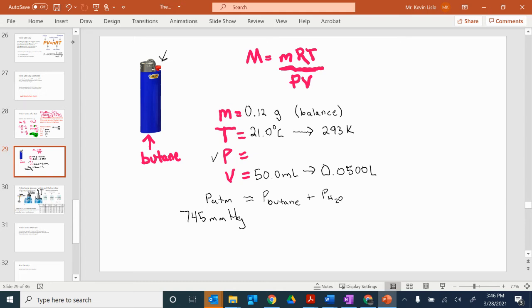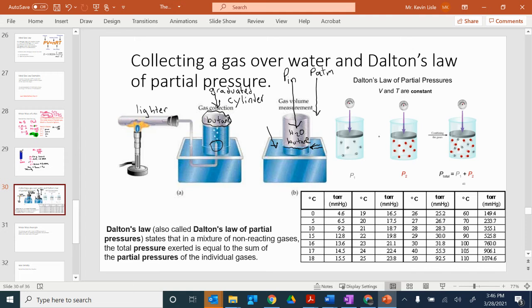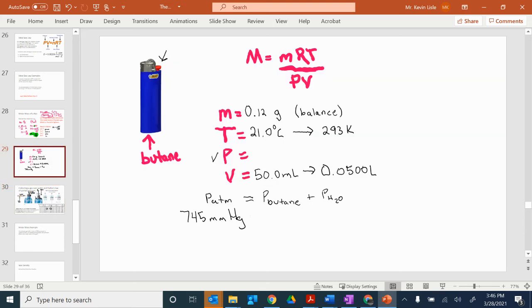That pressure, which is called the water vapor pressure, can easily be found for a particular temperature. So I've got a table on this slide, and it tells me that at 21 degrees Celsius, the water vapor pressure is 18.7 millimeters of mercury. So if I go back here, I can say that the atmospheric pressure is equal to the pressure of the butane plus the pressure of the water vapor, which we said was 18.7 millimeters of mercury.